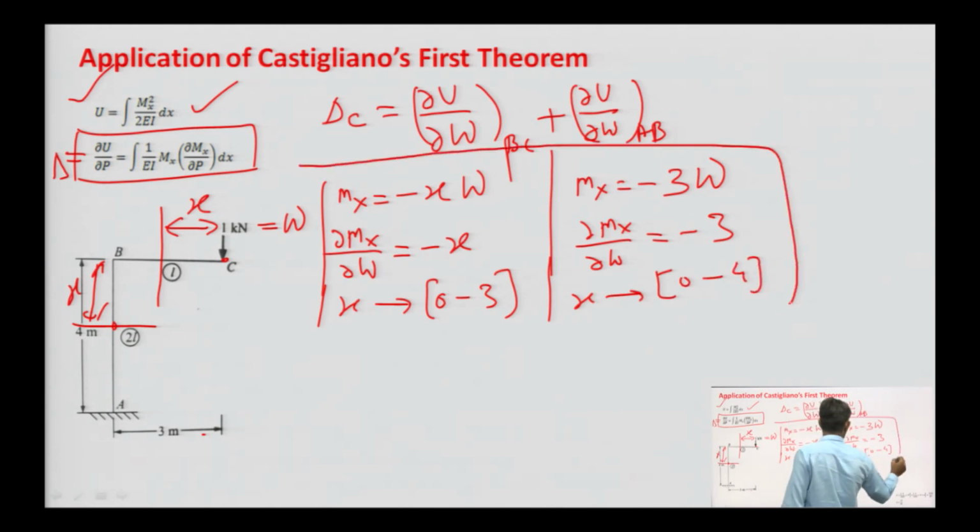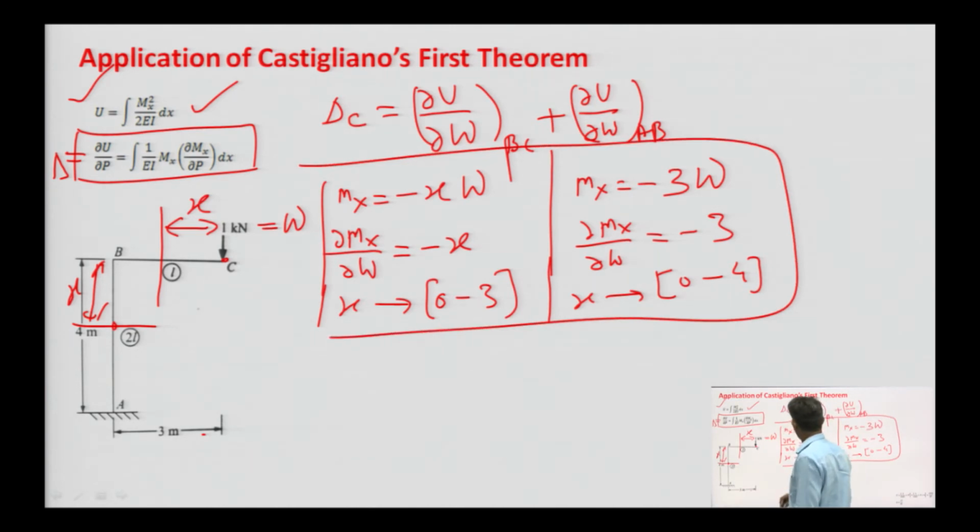So, if we know the value of del M x by del W, then by using this expression, we can have this value. Okay.